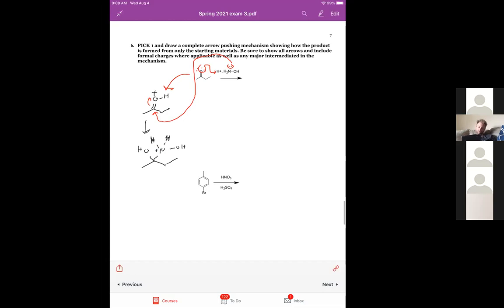We can have a proton hop from the nitrogen to the oxygen. So grabbing one of these. Kick out this oxygen. Give us a protonated final product.